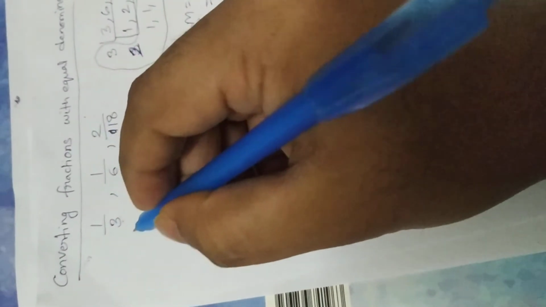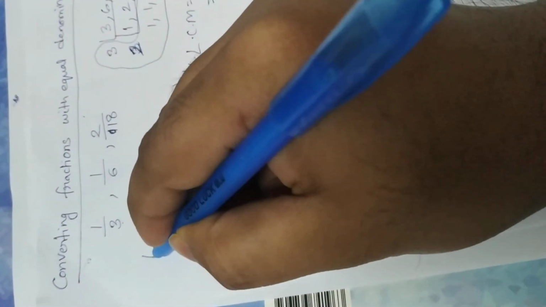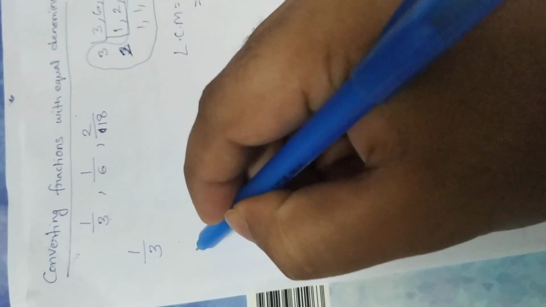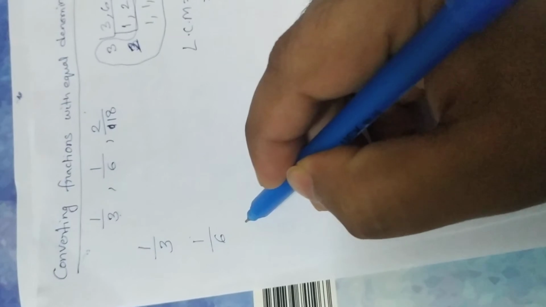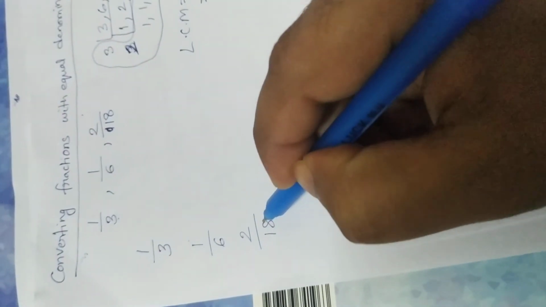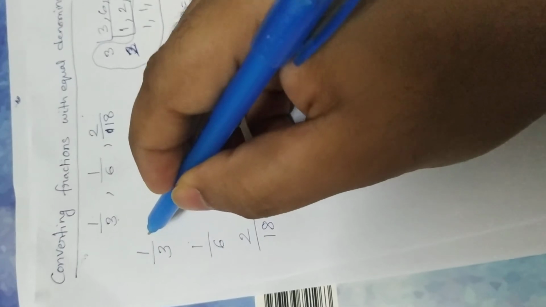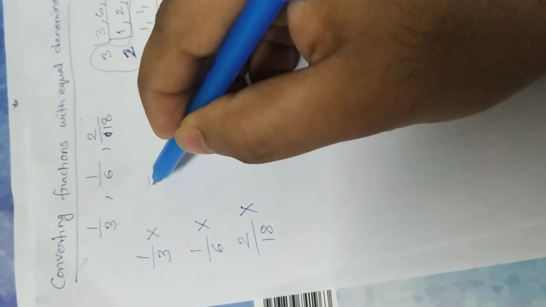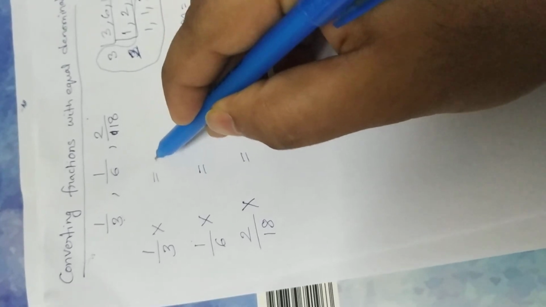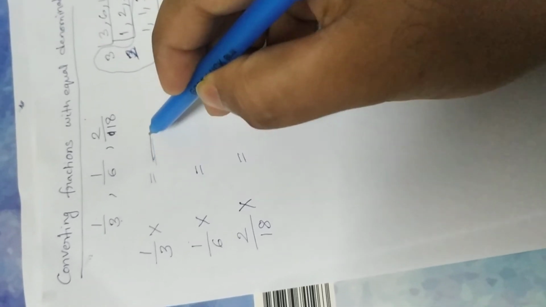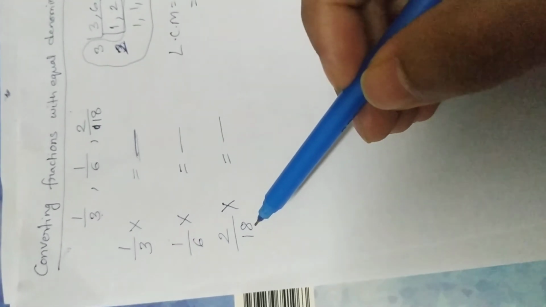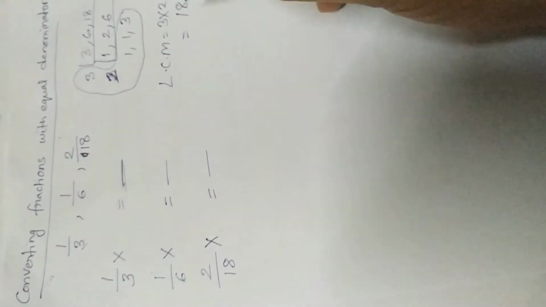So now how to convert them with equal denominators? First of all, we write 1 by 3 over here. I am writing these fractions down serially, 1 by 6 and 2 by 18. Next we put a multiply sign, then an equal sign, and finally a fraction sign. Now we need to write the LCM that we got.